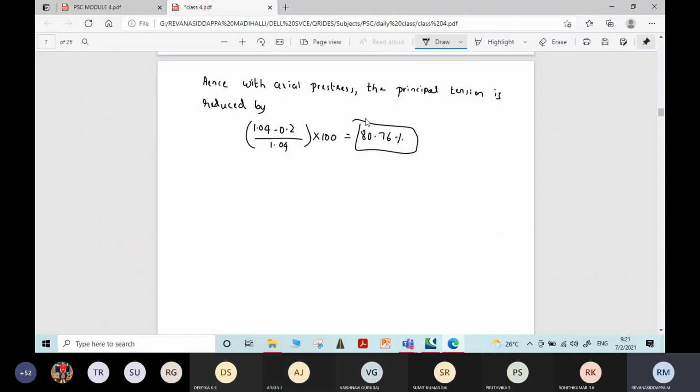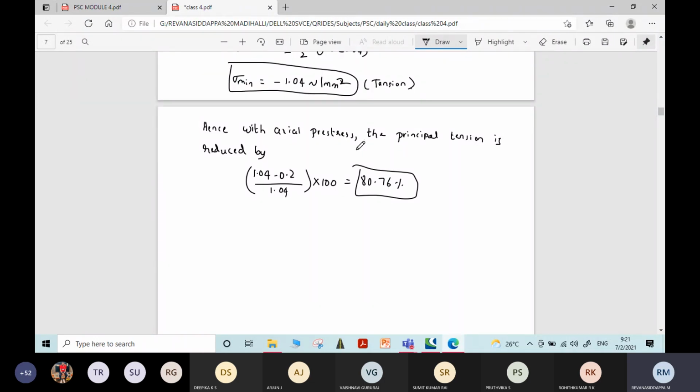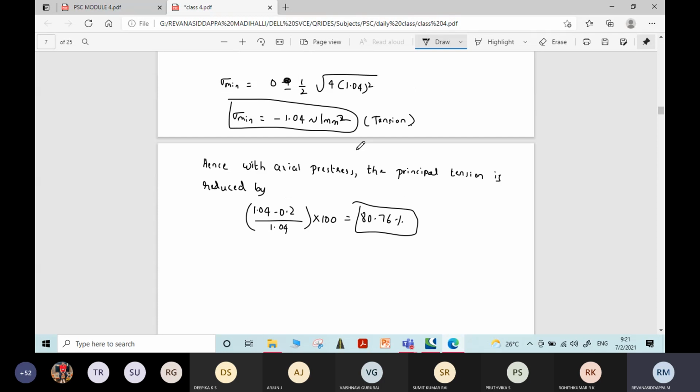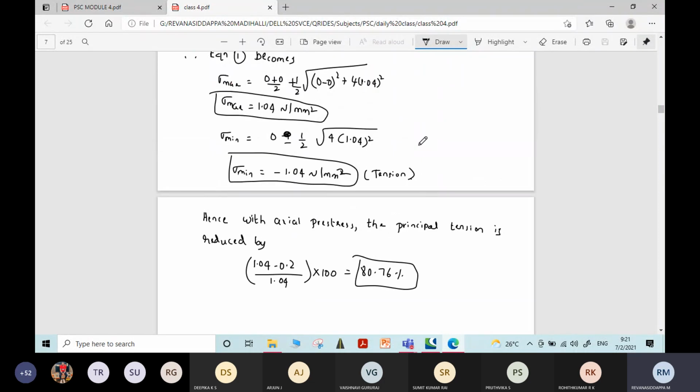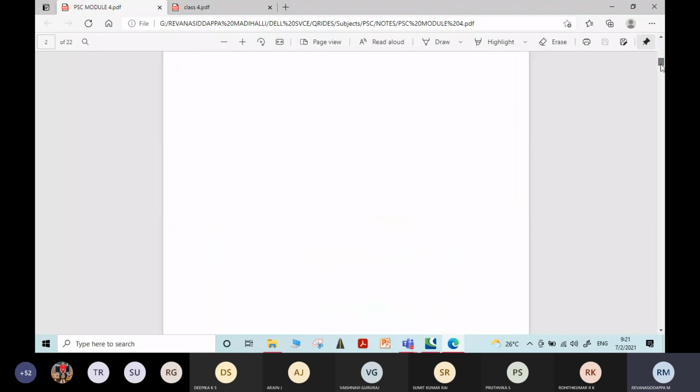Okay. So by providing pre-stress into the section, we can reduce this principal tension by an amount of 80.76%. That is the meaning. Okay, any doubts in this problem? Okay, students, I'll move on to the next problem.